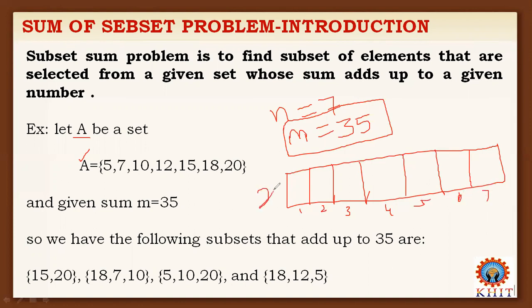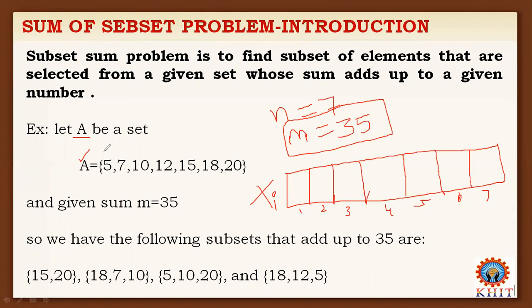Now consider this is x of i. x of i says which item we are selecting. So here x of i is the selection of the item.